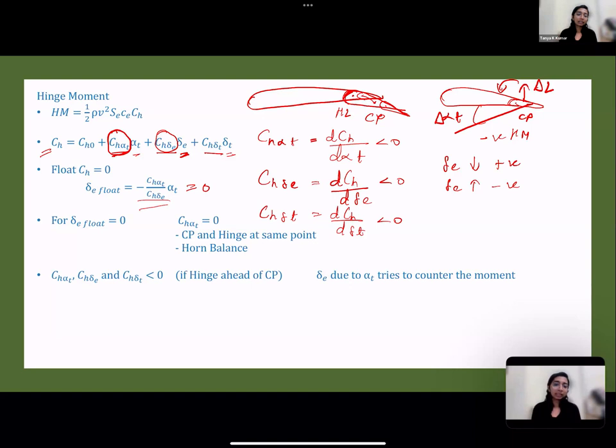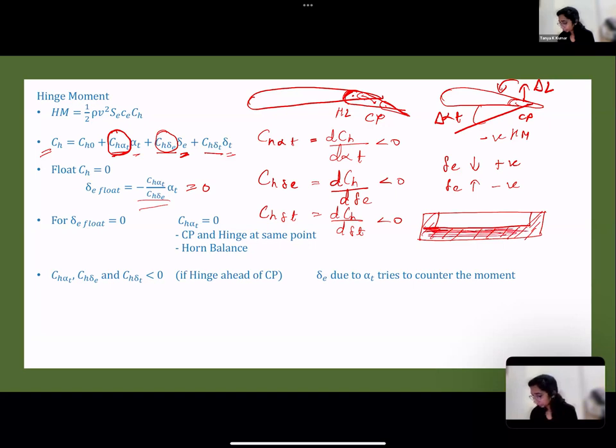Another thing was the horn balance. What was horn balance? If this is your tail surface and this outer region is your elevator, the outer region is the one that can be deflected. Now, shade this.